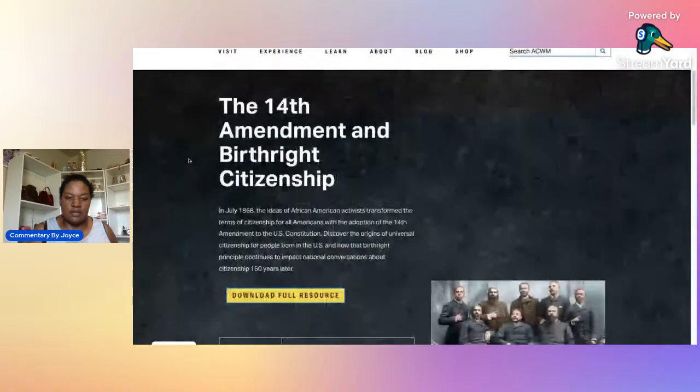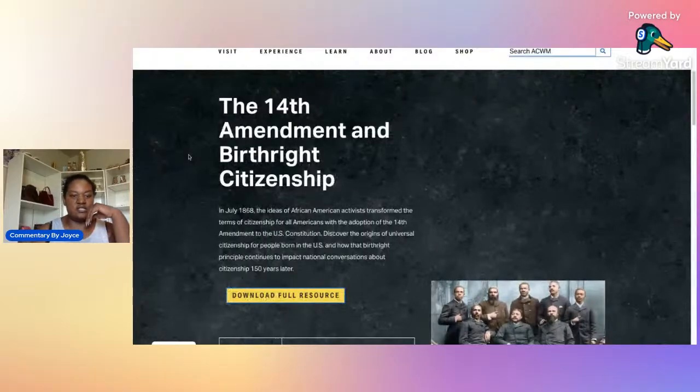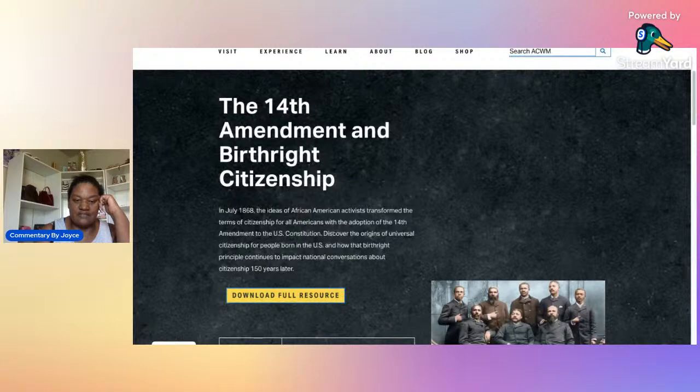So, the 14th Amendment and birthright citizenship. In July 1868, the ideas of African American activists transformed the terms of citizenship for all Americans with the adoption of the 14th Amendment to the United States Constitution.